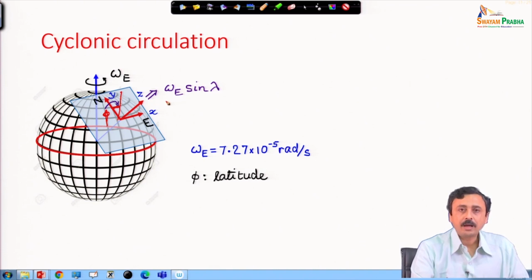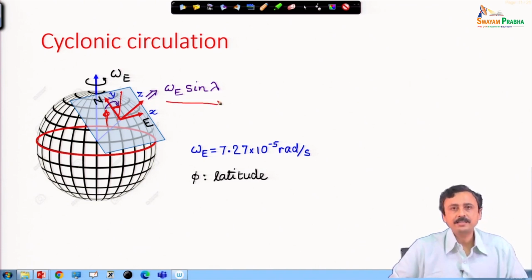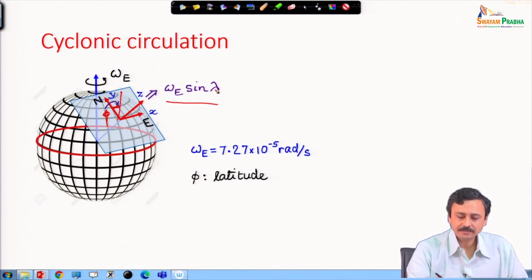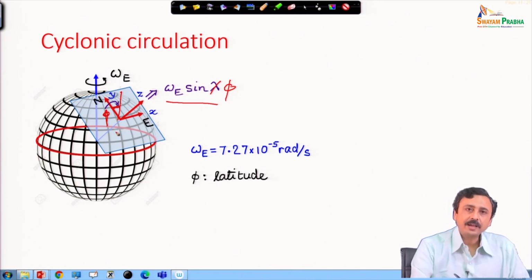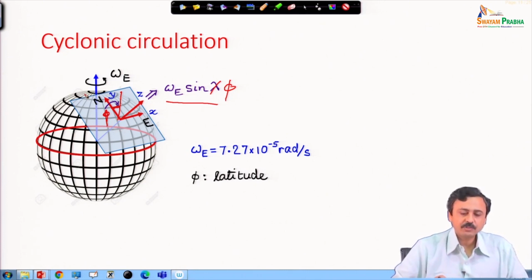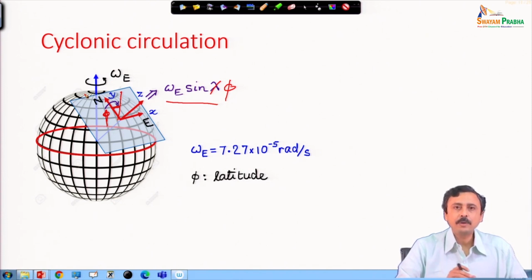Therefore, about the z axis the component is omega e sin phi, and there is another component about the y axis which will be omega e cos phi. Now, this omega e sin phi is similar to the omega of the disk problem that we have discussed. This omega is along the axis of that disk, or in this case the plane.